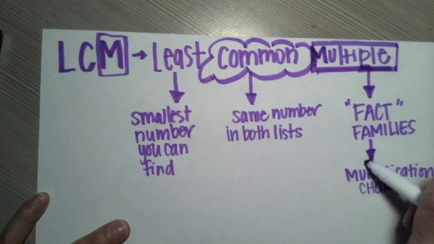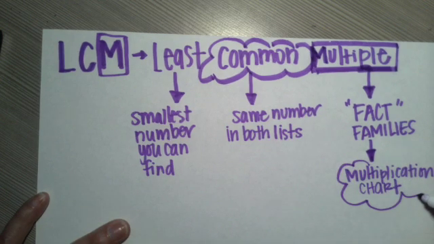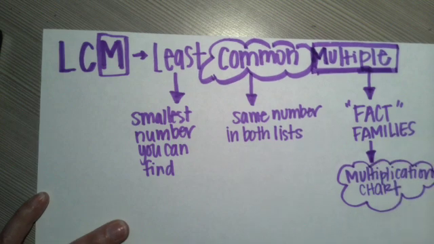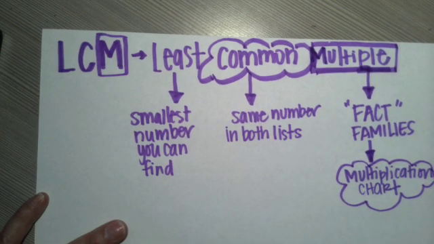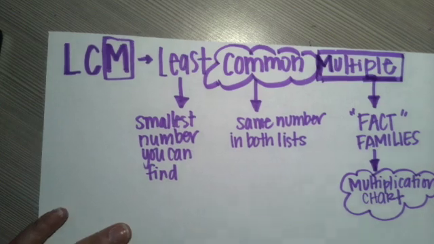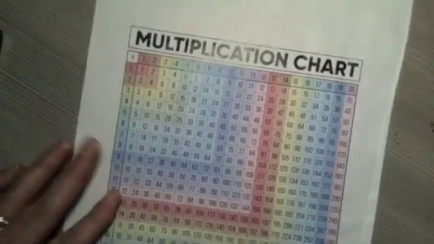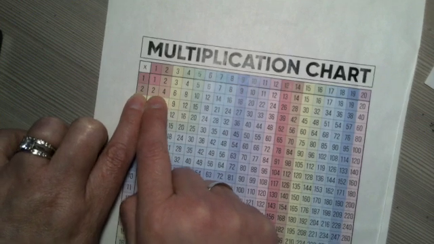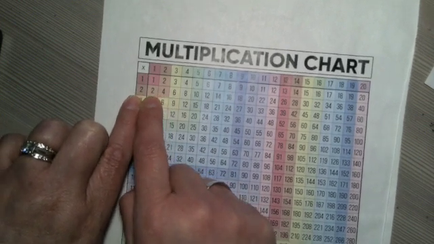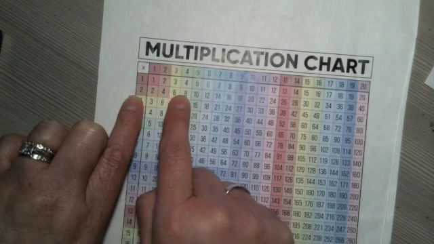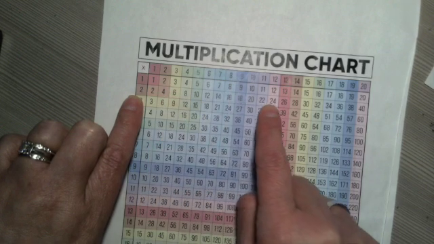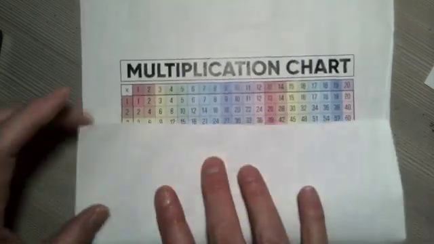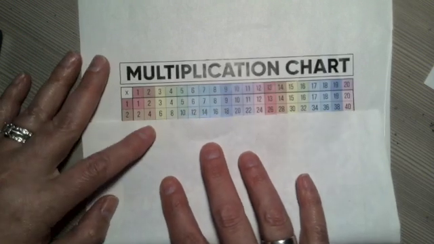And here you can even use a multiplication chart if you need help with your fact families, because it's just listed right there. And I have one to show you. You can use your 2's fact family: 2, 4, 6, 8, all of these numbers right along here, right above the paper.